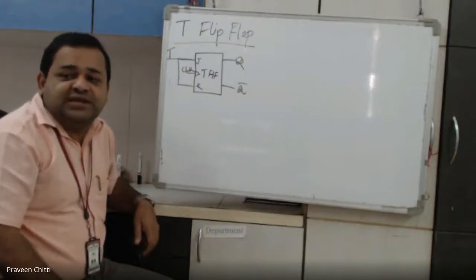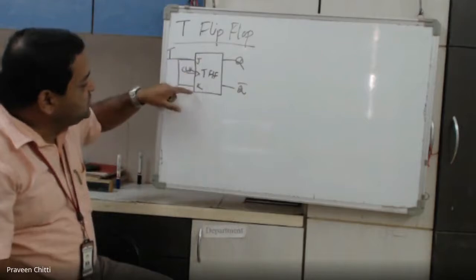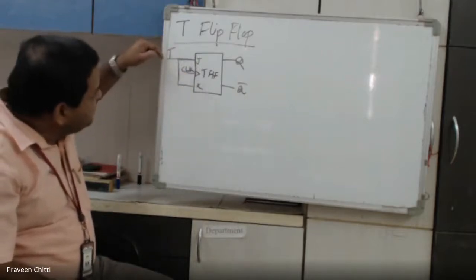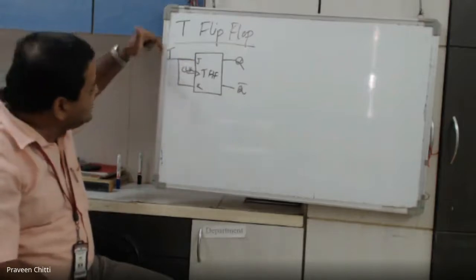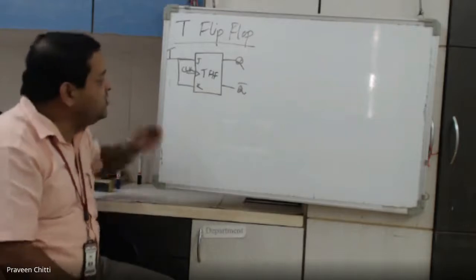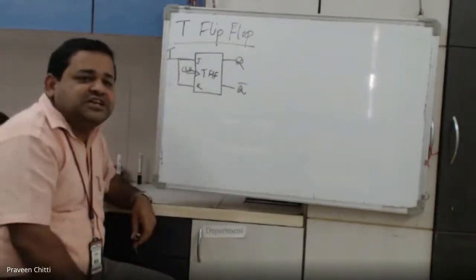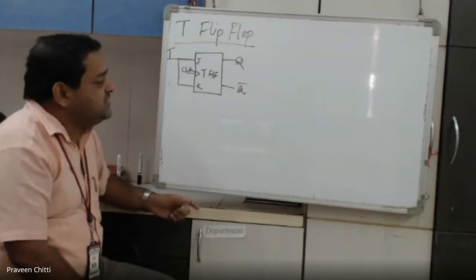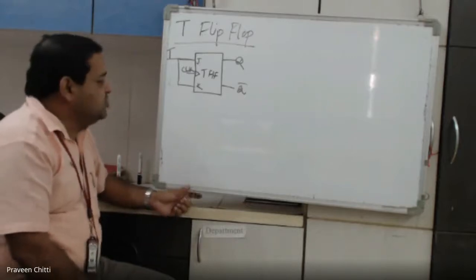So it is similar to D. In D, we connected S and R to D, but not the same way: D is directly connected to S and D bar is connected to R. That's where we got the D flip-flop. Now, if we connect the same input to J and K, then this type of flip-flop is called a T flip-flop, right?